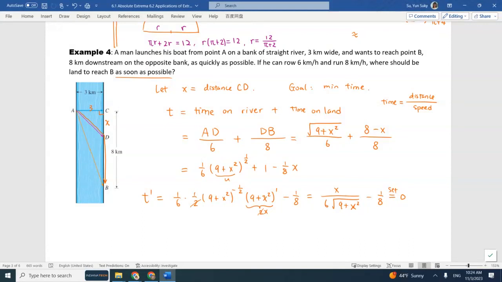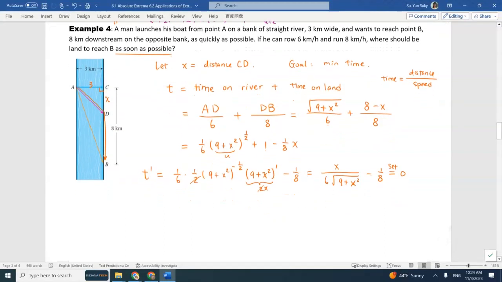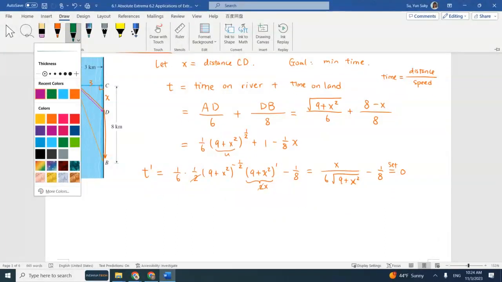Okay, so yeah, one way is to take the common denominator and then combine them, okay? But in this case, this is complicated. So you can solve for x by moving the 1 over 8 to the other side and then cross multiply. Maybe let me use a different color.